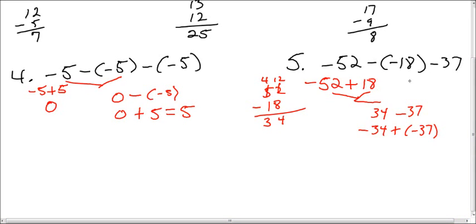That's a negative, because 18 from 52 is a -34 plus a -37, and that should give us, let's do the adding, signs are the same, and we're adding just the absolute values, 34 plus 37 is 71, so that'll give us a -71.